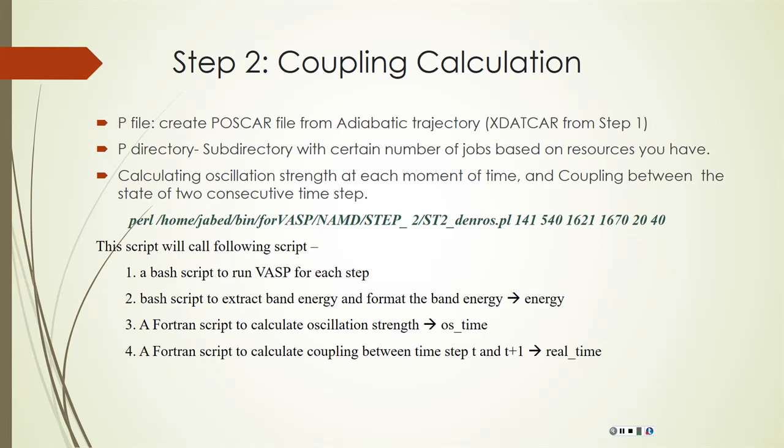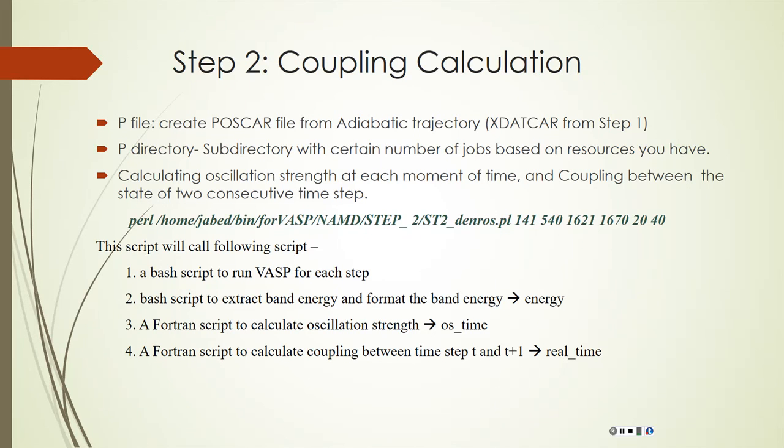It numbers the bands starting from 1, that means the 141st band is the first band in this file. So this energy file contains the energy of the 400 bands, 200 LUMO, 200 HOMO, and the bands are numbered 1 to 400.